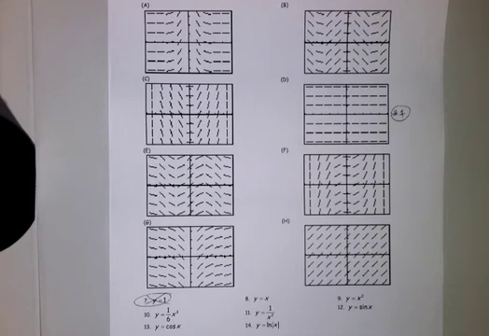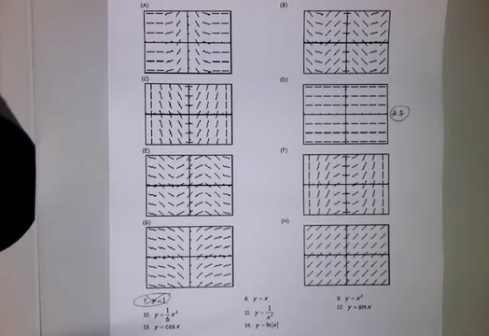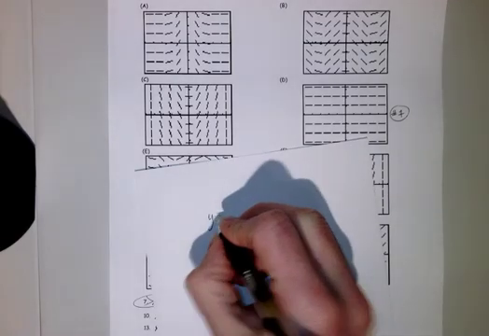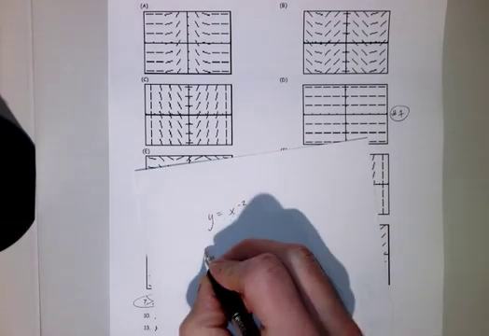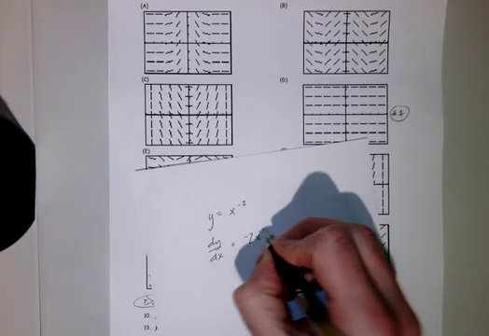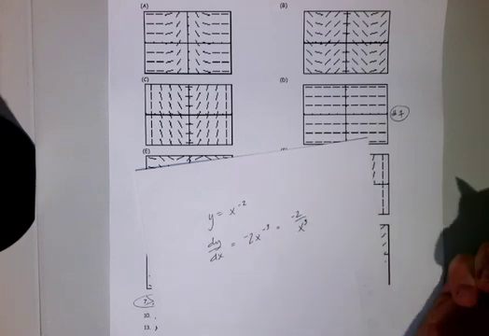Number 11 is going to be the best fit because you notice that if you were to actually take the derivative of number 11, okay, if you have y is equal to x to the negative 2, you have dy/dx is equal to negative 2x to the negative 3, or negative 2x cubed, okay? So the derivative is negative 2x cubed.